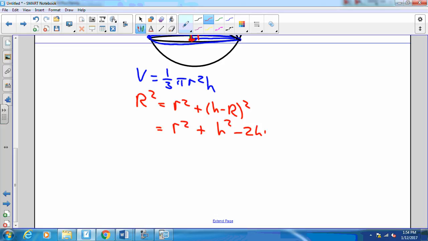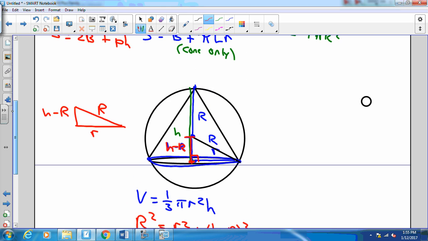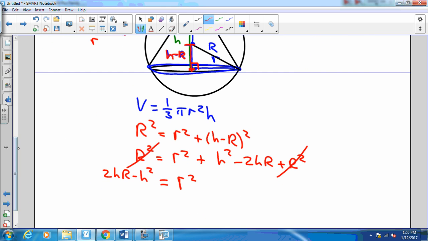Let's simplify this, expanding to h squared minus 2hR plus R squared, and I get a bonus. Who sees what wonderful algebraic thing can happen here? Yes. The big R squareds go away, which is nice. And that allows me to say that little r squared is equal to 2hR minus h squared. Okay. How does that help me?